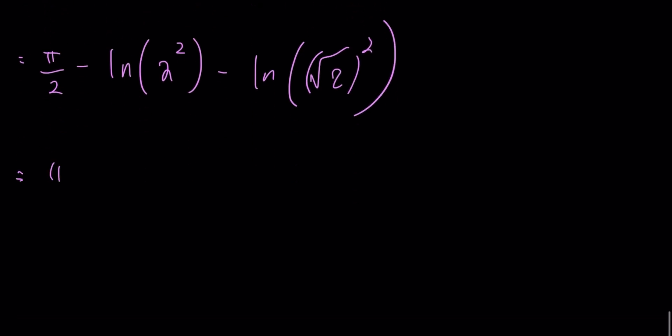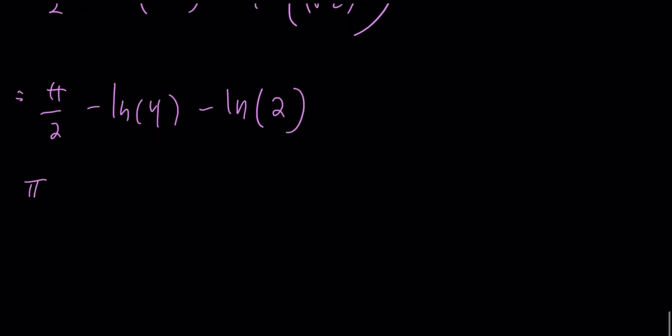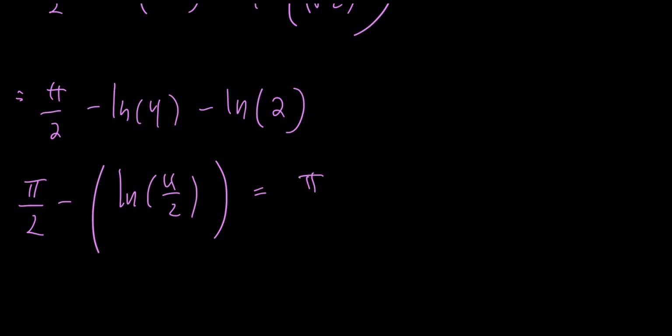So we have pi over 2 minus the natural log of 4 minus the natural log of 2. And then using logarithm rules again, we have pi over 2 minus the natural log of 4 over 2, which is equal to pi over 2 minus the natural log of 2.